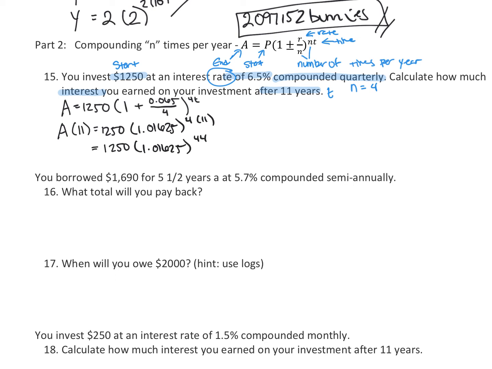And once I plug this into my calculator, I'm going to get 2,540.59. Again, make sure to go to the second decimal place since pennies exist. So this is how much we have total, but we want to know how much interest we earn.